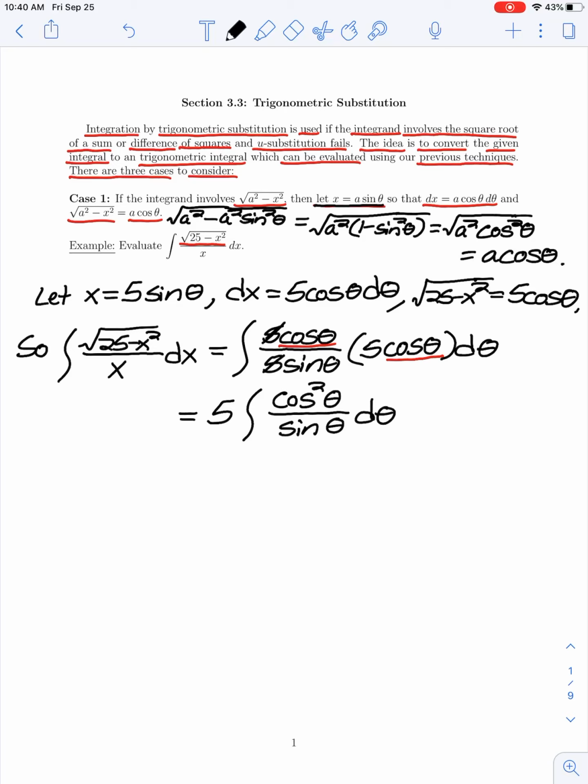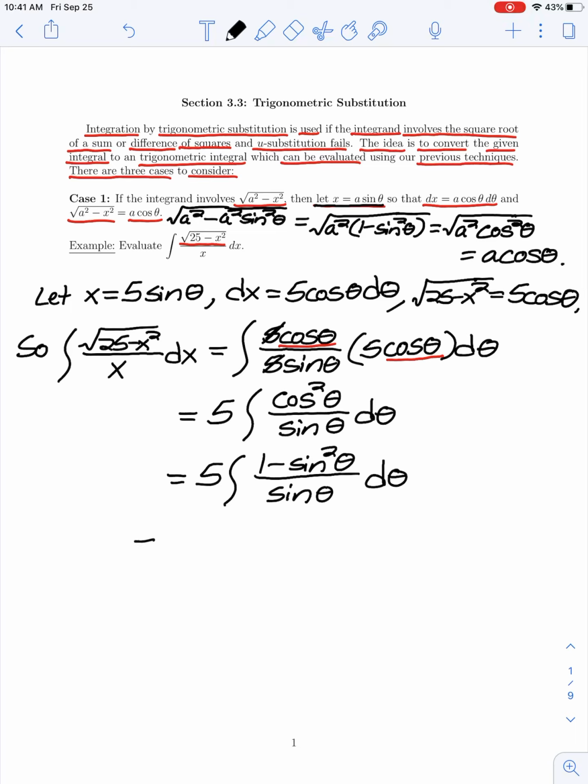So by making this trig substitution, I've now reduced this to a trig integral. And in order to evaluate this, I can make use of the fact that my numerator, which is cosine of theta squared, is the same as 1 minus sine of theta squared. And the whole thing is still being divided by sine theta.